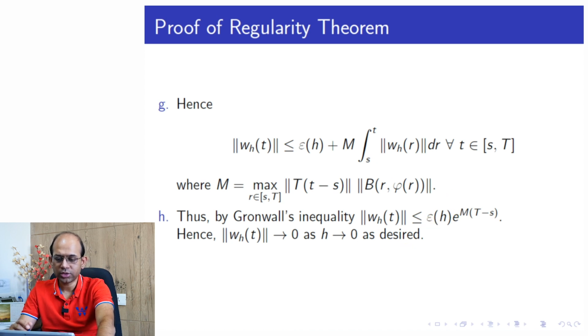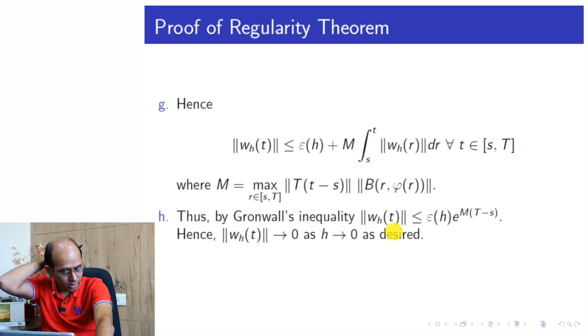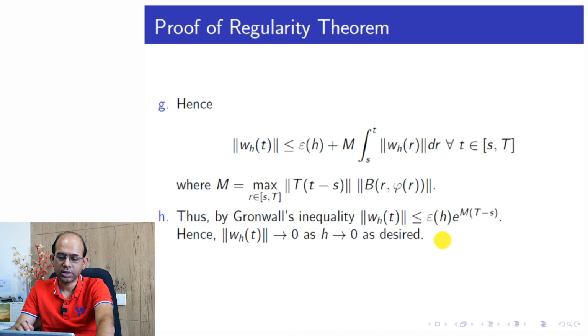If I put t equal to s, then it is 0 here. So basically I should have written WH(t) minus WH(s) minus epsilon H is less than that, but that epsilon H anyway goes to 0, so it is not material. So the norm of WH is less than or equal to this term.